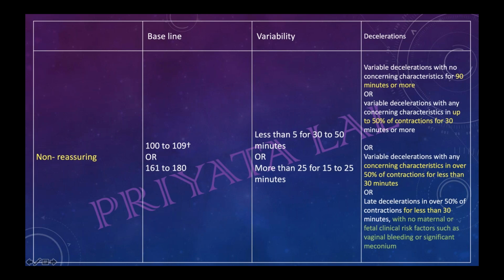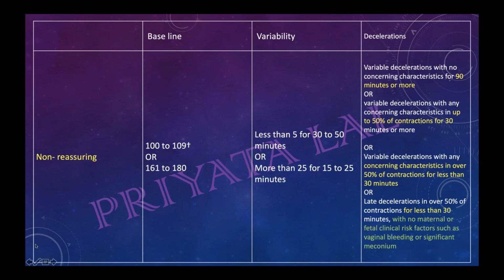Then coming to deceleration, this appears to be a bit clumsy and difficult to understand, but it is not very difficult also. So if the variable decelerations are there, and if they are for more than 90 minutes, then it will be one feature.